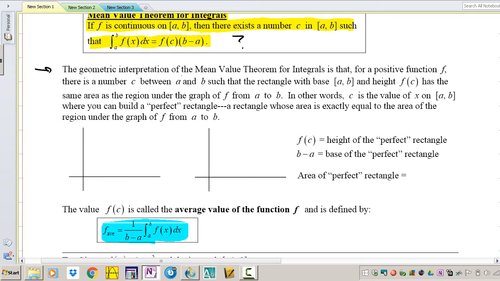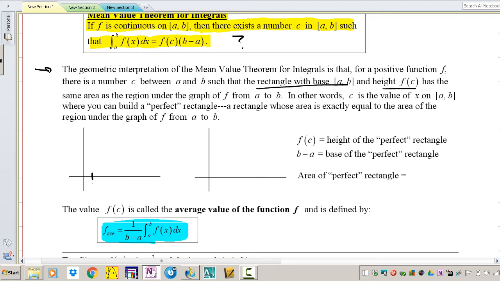The geometric interpretation of the mean value theorem for integrals is that for a positive function f, there is a number c between a and b such that the rectangle with base a to b and the height f of c has the same area as the region under the graph of f from a to b. So let me draw a picture here.